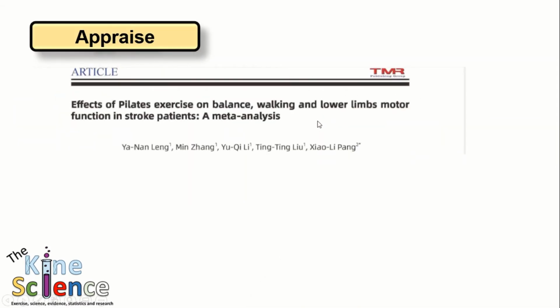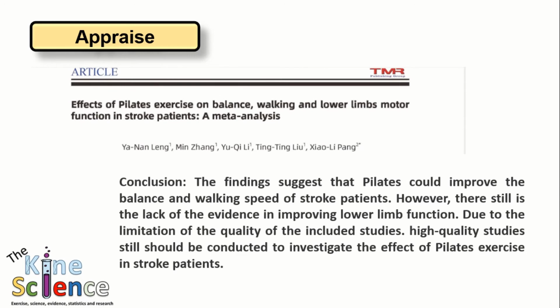So if you were able to find some good paper, for example, a meta-analysis in this area, you have to read and analyze this study. For example, we have the conclusion here that Pilates could improve the balance and walking speed in stroke patients.